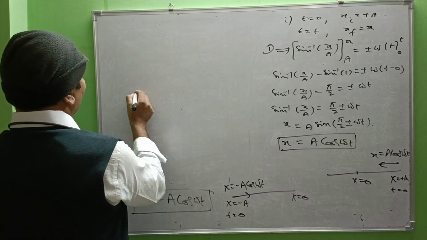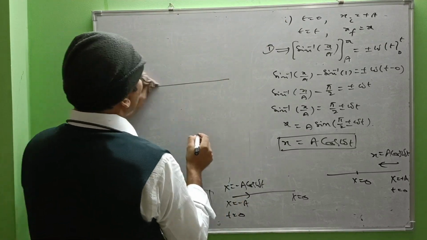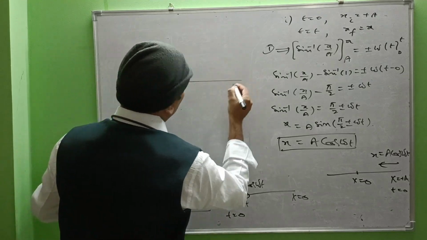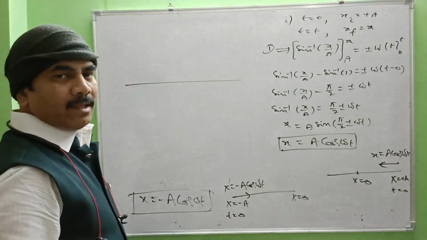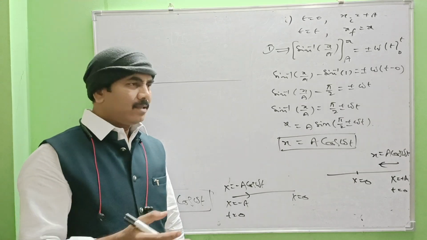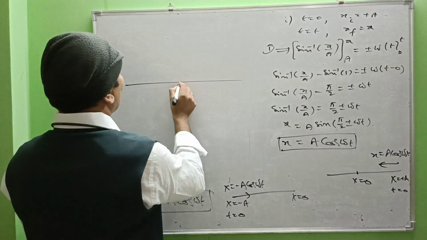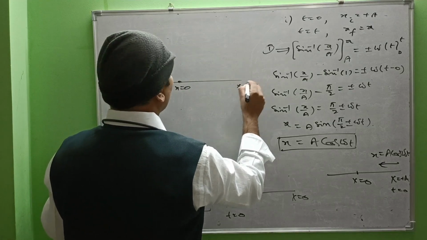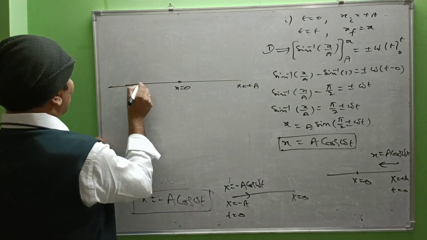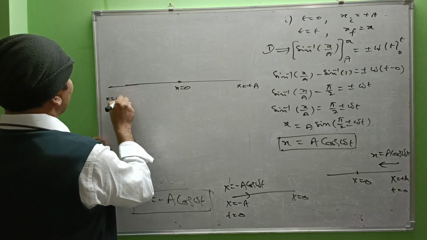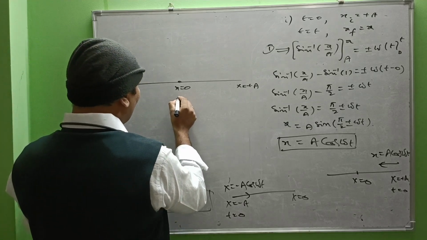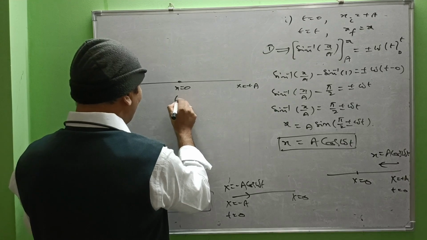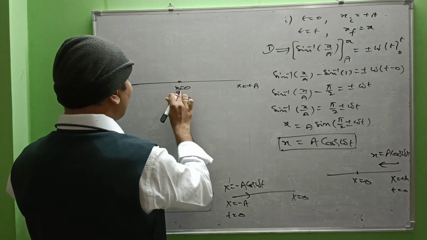See, this is the path of the particle under simple harmonic motion. This is x equal to 0, this is x equal to plus a, this is x equal to minus a. A particle was initially found at x equal to 0.